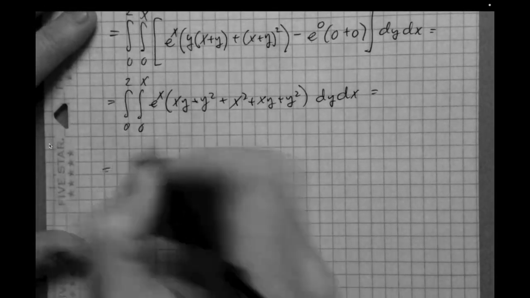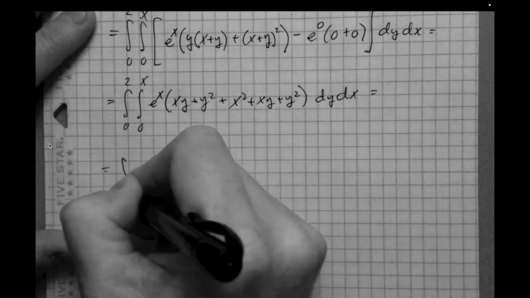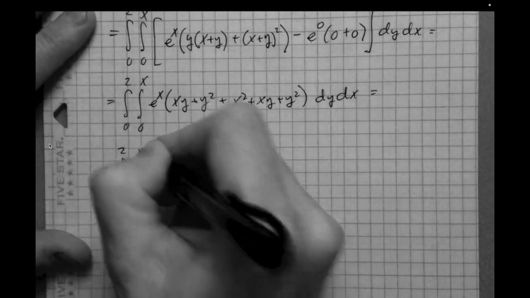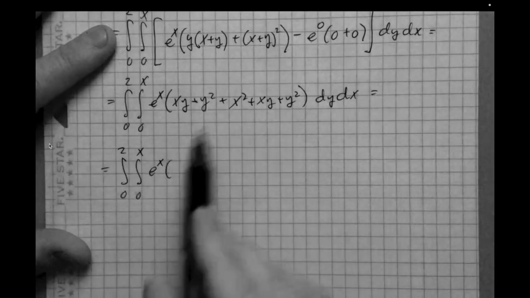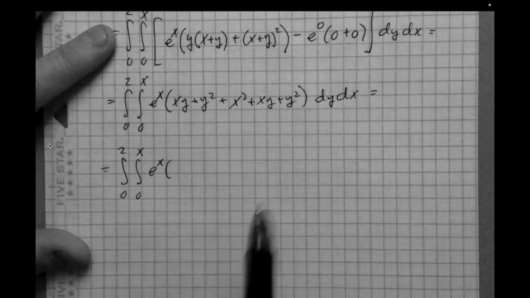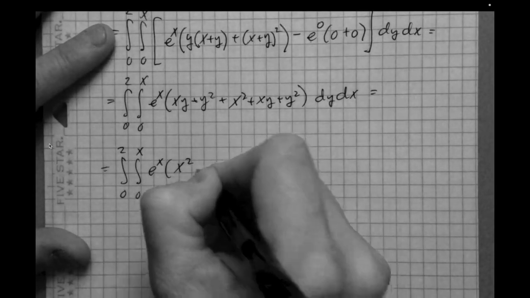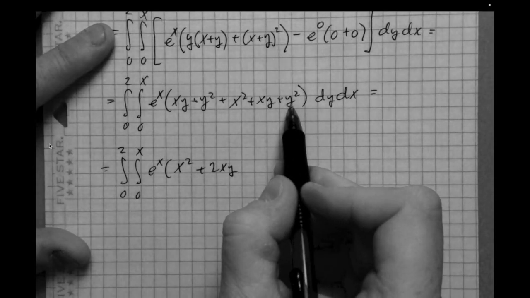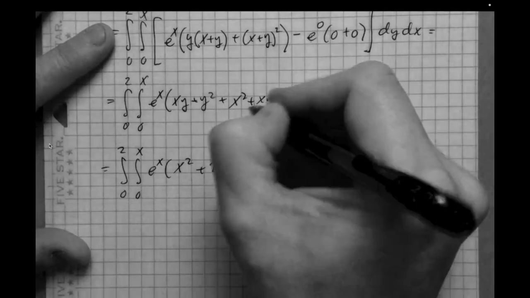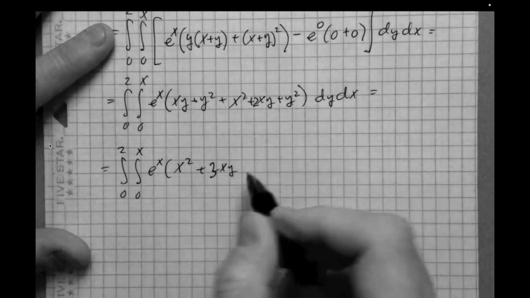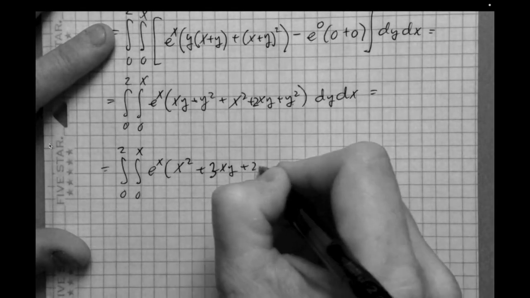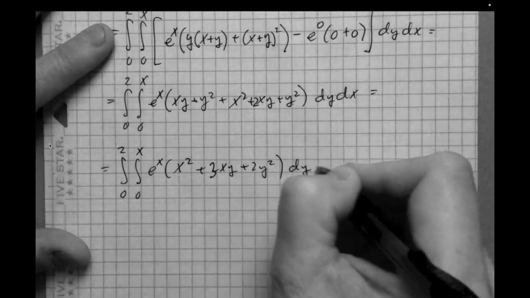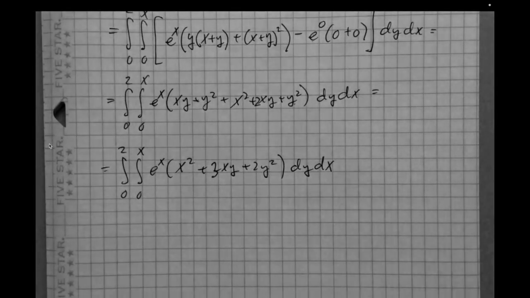Let's go ahead and combine some of these terms just to make sure that everything is cleaned up before we proceed. So what do we get here? x squared plus 2xy plus, oh sorry, that should have been a 2. So it should be 3xy plus 2y squared. There we go. Looks good.